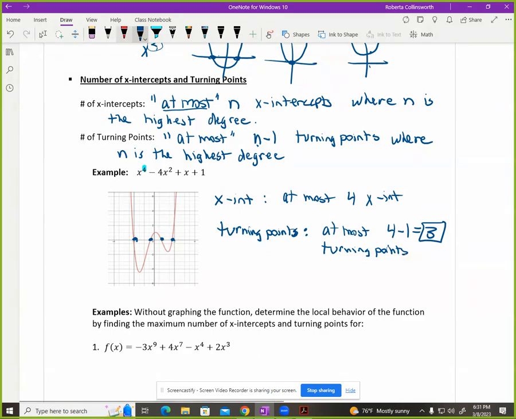Well, let's look at the turning points and see if I have 3. Here's 1, here's 2, there's 3. I do. So I have exactly 4 x-intercepts and I have 3 turning points. Another way that you could look at turning points is how many times you are changing from increasing to decreasing. So that's 1 time, 2 times, 3 times, if you have a graph to look at.